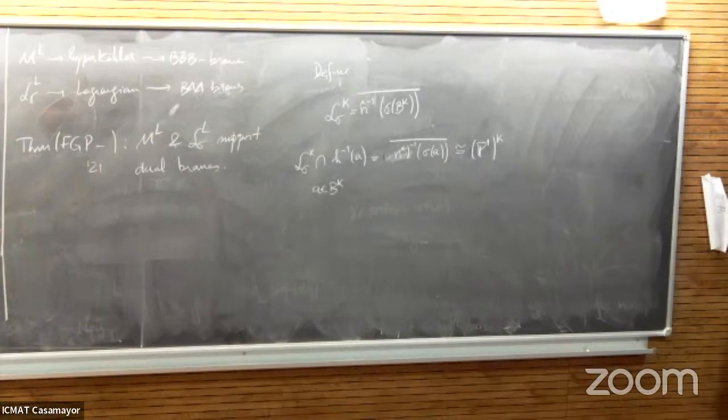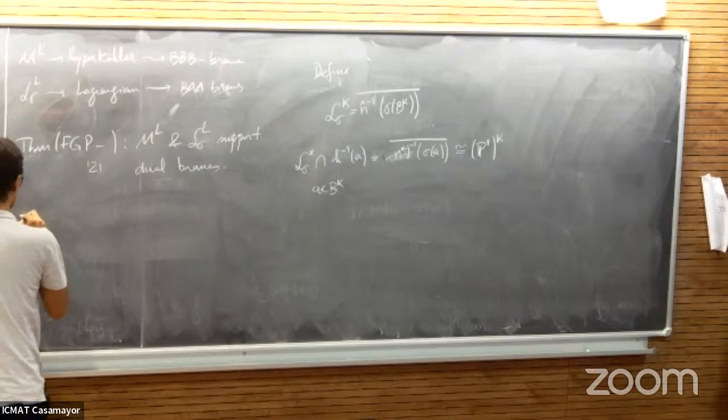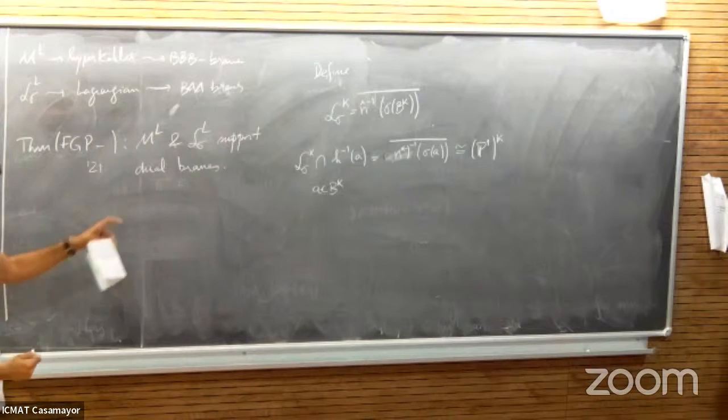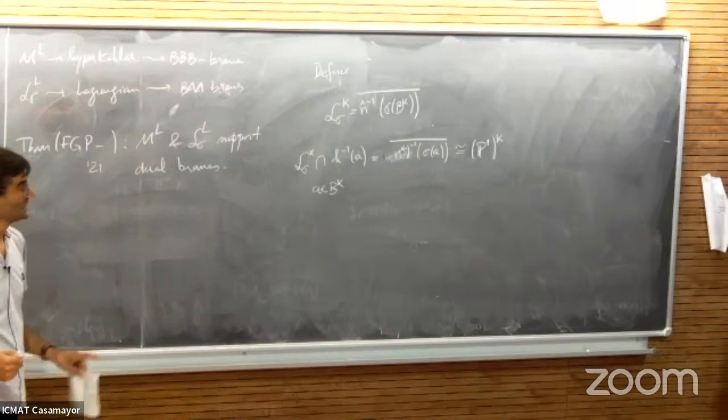So this we've done before. Now we are trying to study more about the supports of these varieties, especially these ones. Actually, we are trying to understand what's going on when they intersect the nilpotent cone.